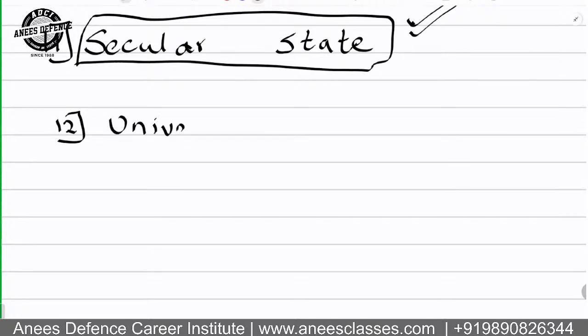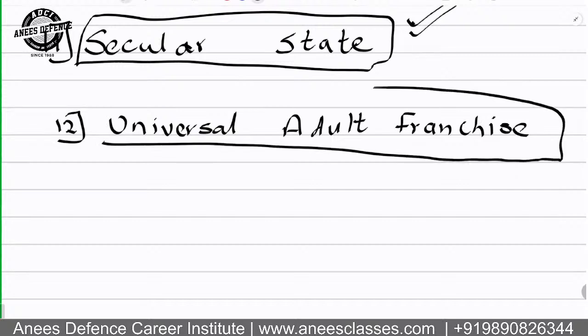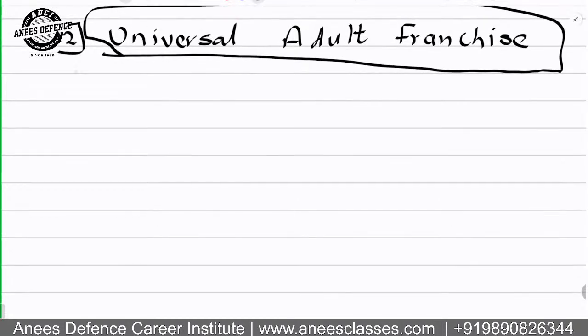universal adult franchise. Now, what does this mean, Mr. Shamshad? Girls from the previous lectures, universal adult franchise means everyone above a certain age is eligible to vote. And everyone was in shock that India was giving universal adult franchise so early after its independence to its citizens, because all the democratic countries of Western countries like US and European Union, all the countries from Europe, did not give universal adult franchise directly.